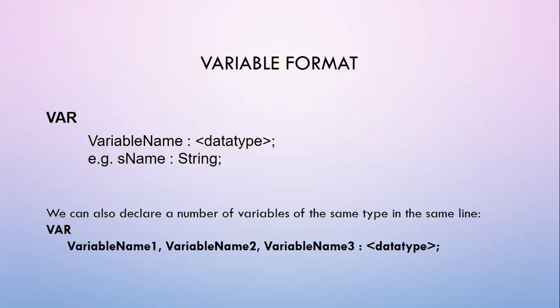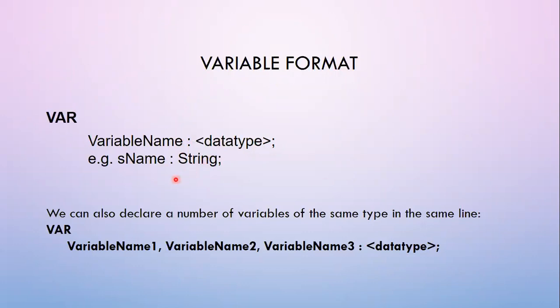So the standard is I will have my variable name and then my data type. And what mustn't I forget? My semicolon. Now, do you see it is just a colon there? It's not a colon equals. So this is saying sName is of data type string.